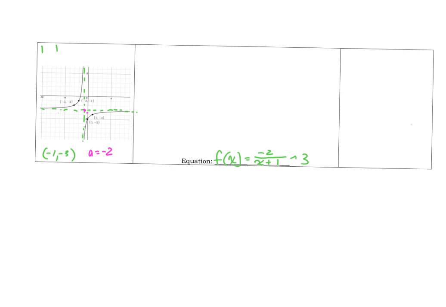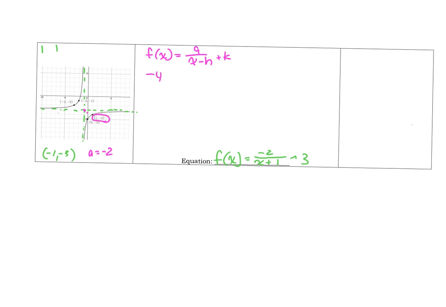Now, if I need to determine the a value by using the equation, I am going to do f of x equals a over x minus h, plus k. So I am going to use the point right there.